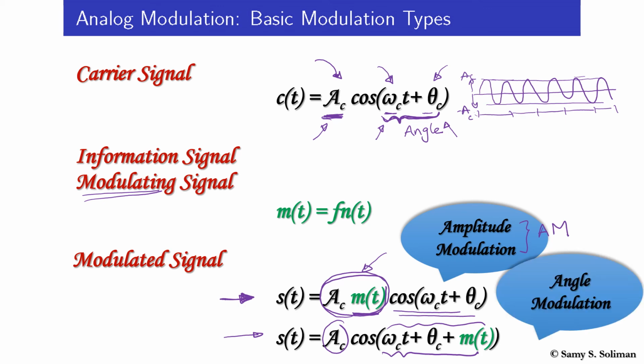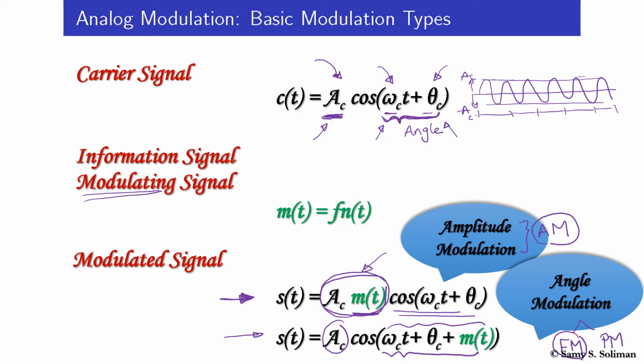And the other type is angle modulation, and since the angle includes frequency and phase, it might be classified as frequency modulation, FM, or phase modulation, PM. Of course, you can recognize that AM and FM are very well-known expressions, especially in radio communication systems.